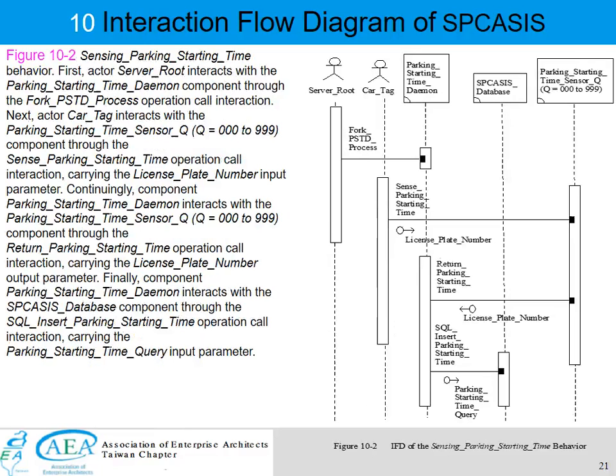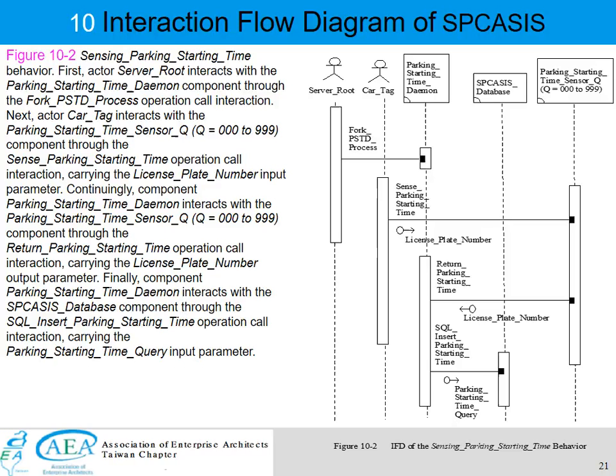The second behavior is sensing parking starting time. In this IFD, there are 4 interactions. The first one is the server root actor forking the PSTD process daemon. Then the second interaction is the parking starting time sensor sensing the car tag to get the license plate number input data.